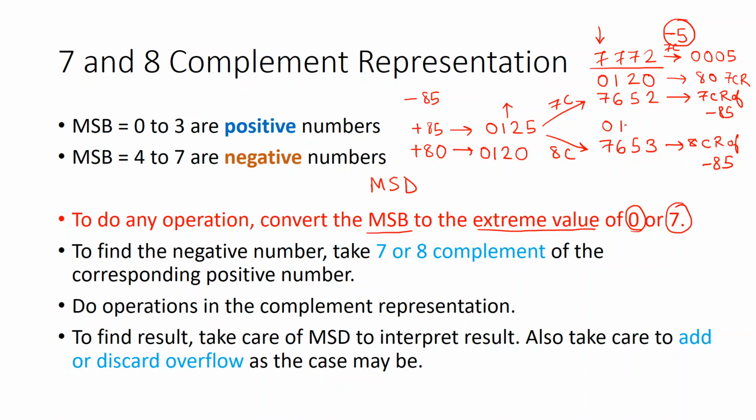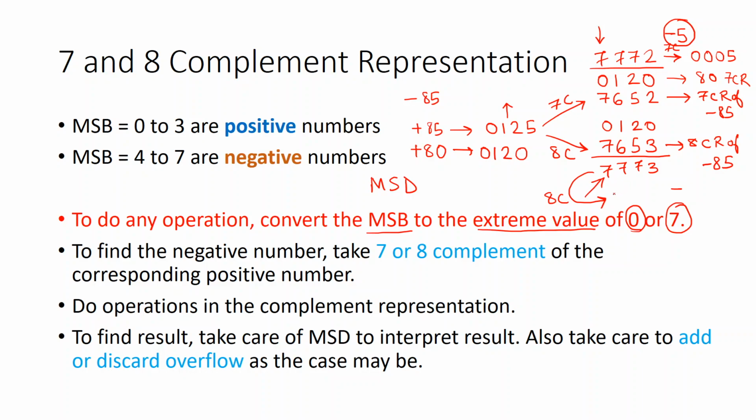Similarly, you can do it in 8's complement representation. When you add these things up, what you are getting is this. There is no overflow, so this is your MSD to be considered, which is minus. So you put a minus in the result, and then you have to figure out the magnitude. So you take the 8's complement here, and what you are doing is taking the complement of the digits and then adding the 1.